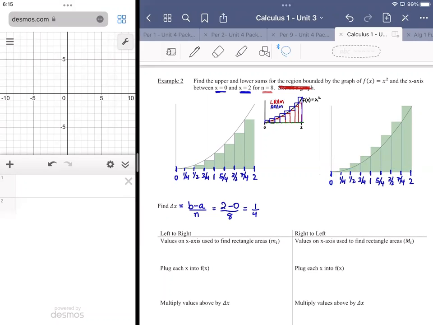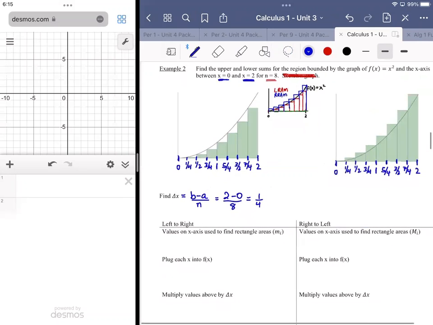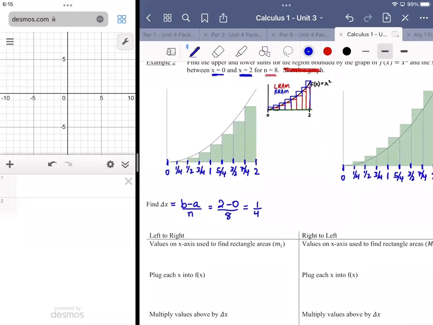So when I say values on the x-axis used to find rectangle areas, I'd be focusing in on the left-hand side, asking what points on the x-axis were used to find the height of the rectangle. By that, I mean, what is the x value that corresponds with a point on the graph?